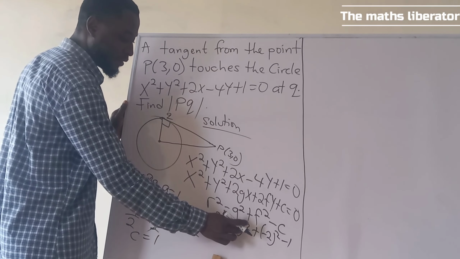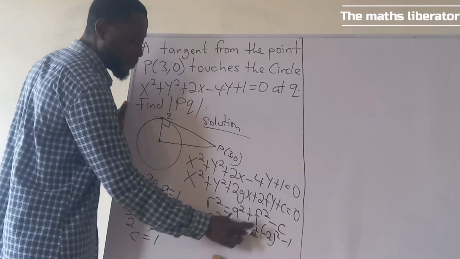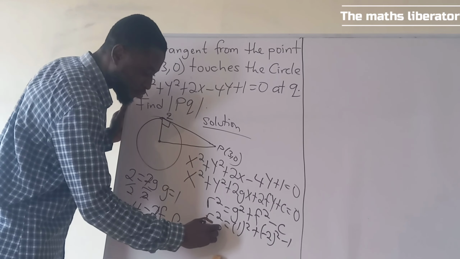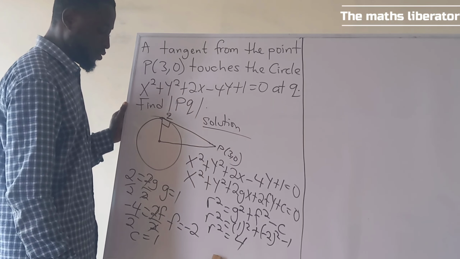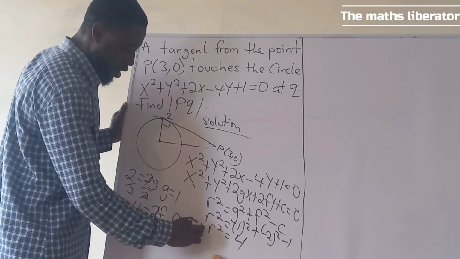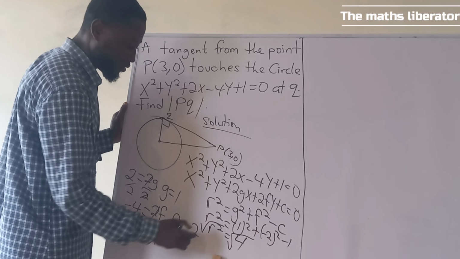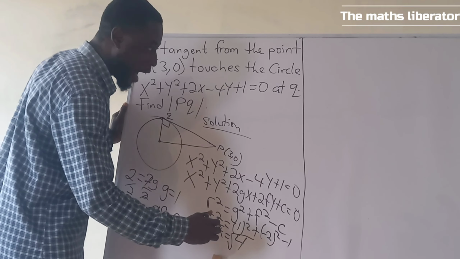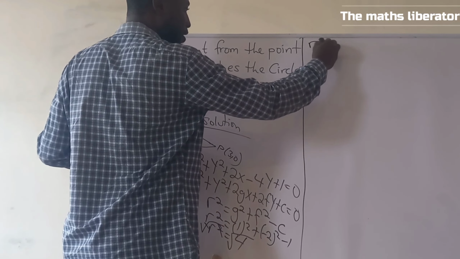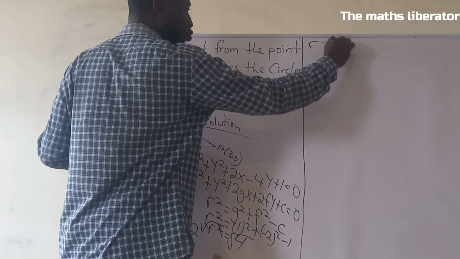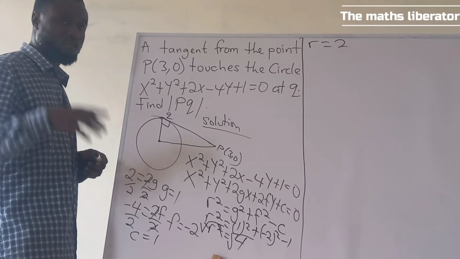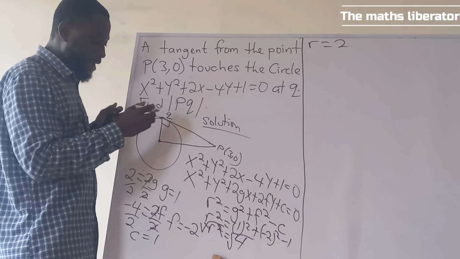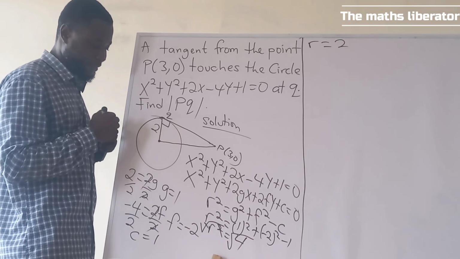So 1 plus 4 is 5, and 5 minus 1 is 4. So r squared equals 4. Square root both sides to eliminate the square. The square root of 4 is 2. So our radius is 2 units.